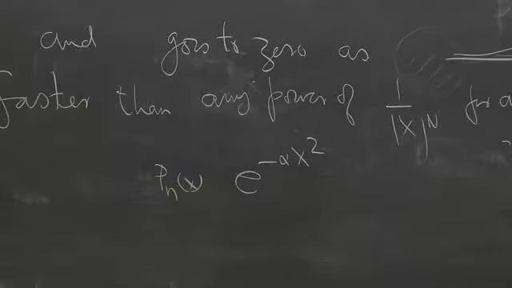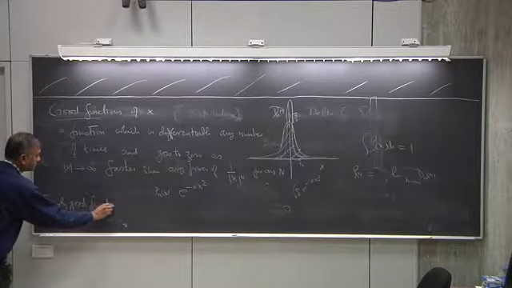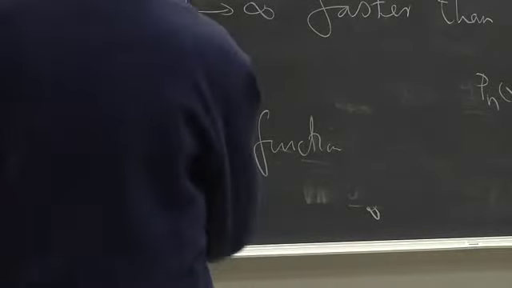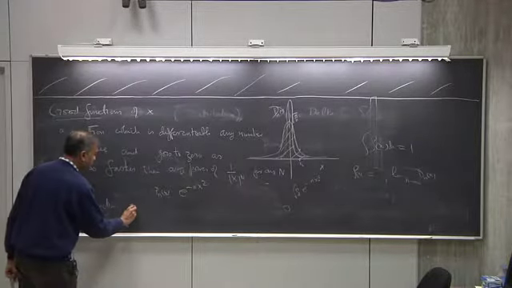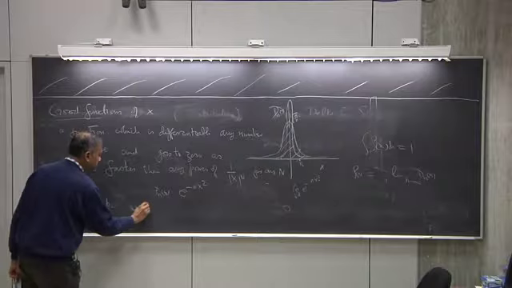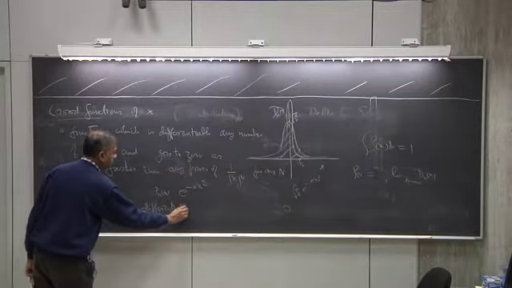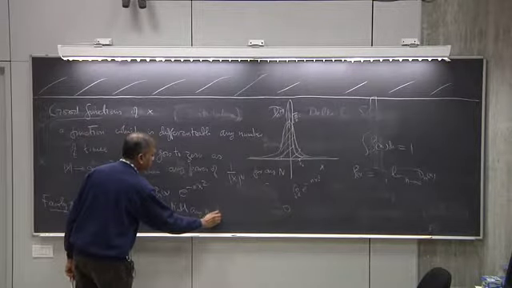Then there is a definition of something called a fairly good function. Fairly good functions have the first property, that is, differentiable any number of times.